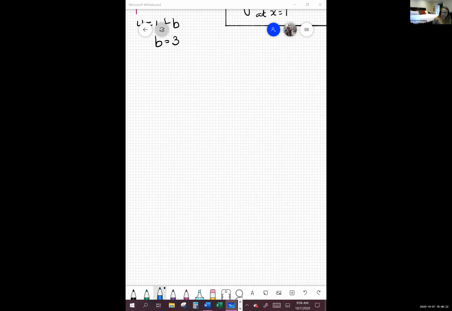Okay, so let's look at another example. And here's the example where we're trying to find where the equation of the tangent line is horizontal.